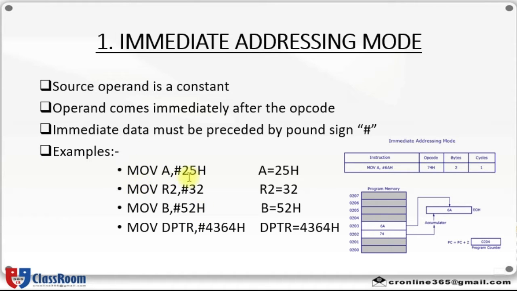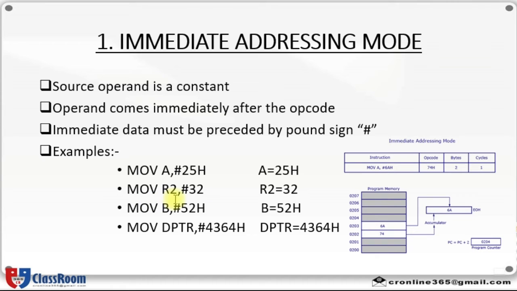MOV A, #25H means copy the value 25 into the accumulator. So A will have the value 25. Everything is specified in hexadecimal in 8051. If it is not written with an H, that value is a decimal value.